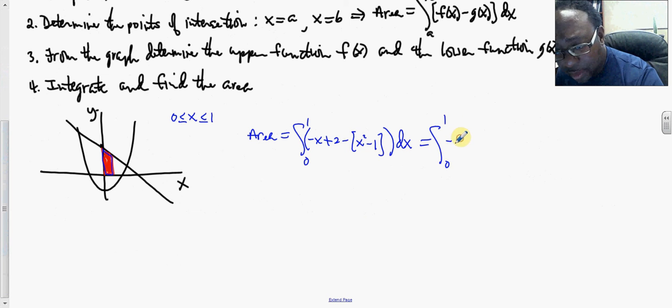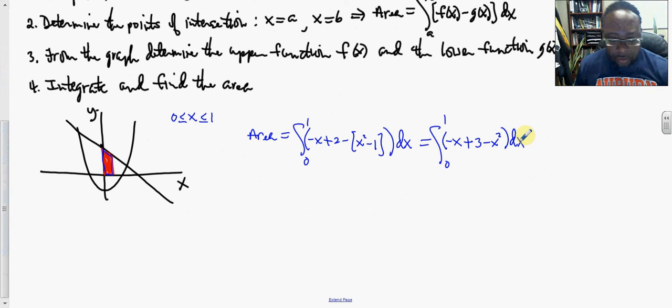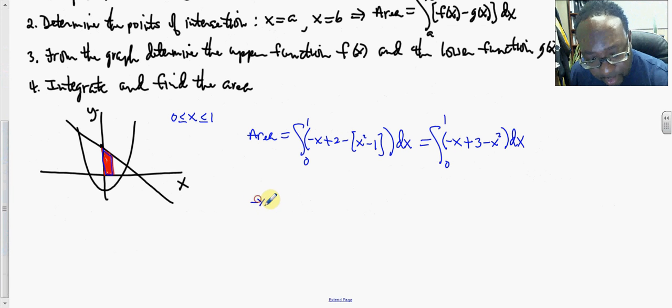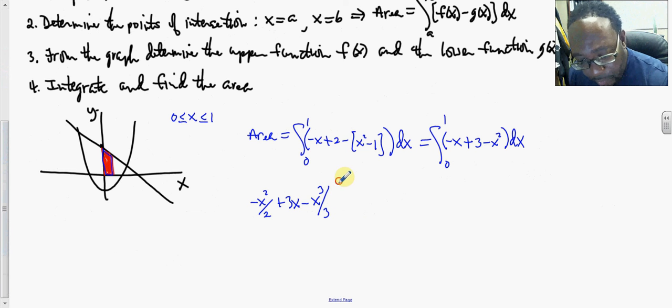This is negative x plus 2 plus 1 is plus 3, and then minus x squared. So we integrate here. So we have negative x squared over 2 plus 3x minus x cubed all over 3. Integrate this from 0 to 1.